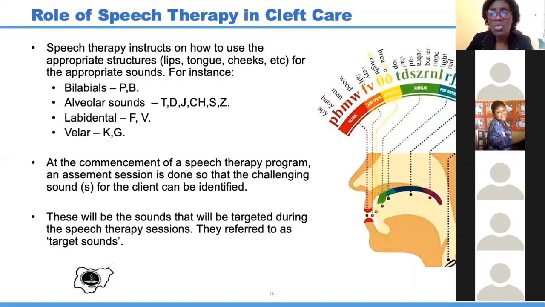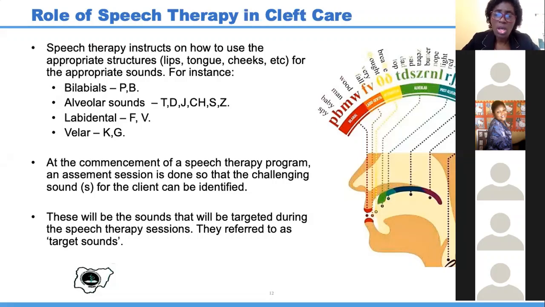Those sounds, we have the tongue hitting the palate, as in ka, ga. So all that can be taught by different strategies, so many strategies to an individual on how to make these sounds.